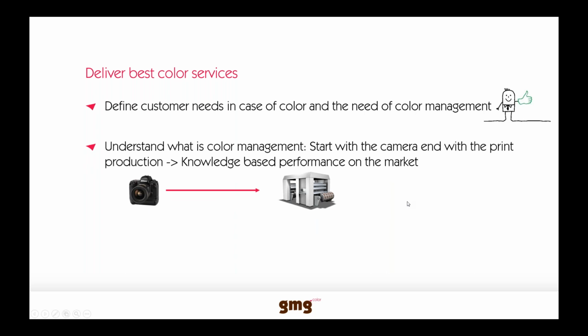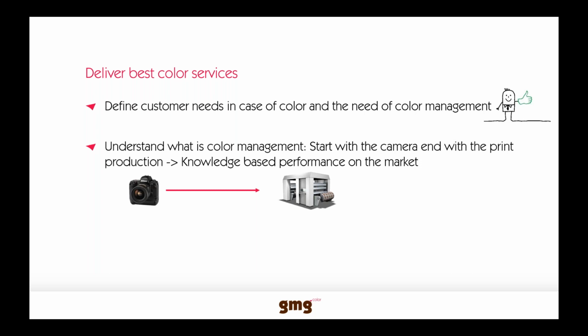And understand, of course, what color management is. So start with the camera and with the print production. We mean here, understand your whole process: which separation profiles you use, which proof profiles you use, especially whether you use separation profiles, and whether you have proof profiles from your different print shops where the jobs are printed, other normalizations, which dot gain compensation you're using.